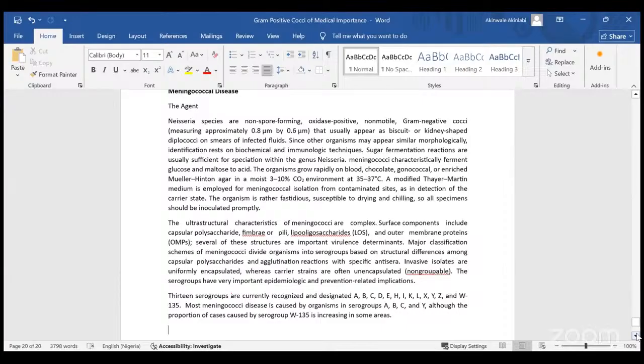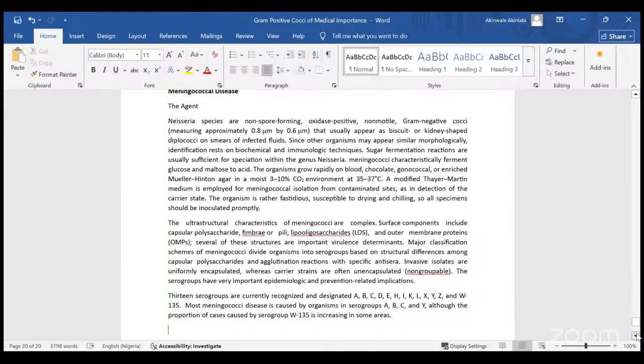Then for Neisseria meningitidis, we have 13 serogroups. We have A, B, C, D, E, H, I, K, L, S, Y, Z, and W135. You count them, you will see that it's 13. Are you getting it? These are the things that I can bring out in objective.